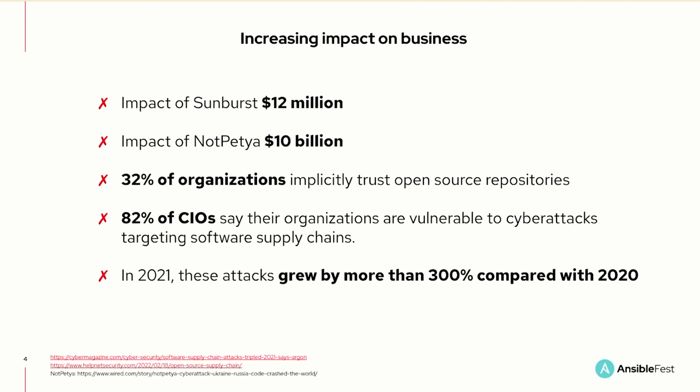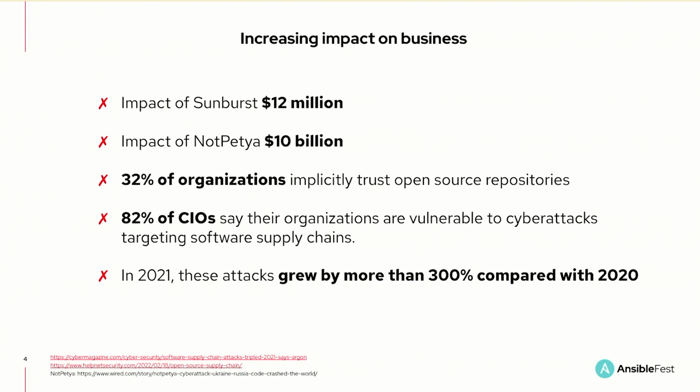It spread, it infected everybody pretty much, and the country that was most impacted was Ukraine, right? But I think the impact was really global, right? Because when you think about what the result was, the Chernobyl radiation monitors went offline, right? The metro transport systems went offline.